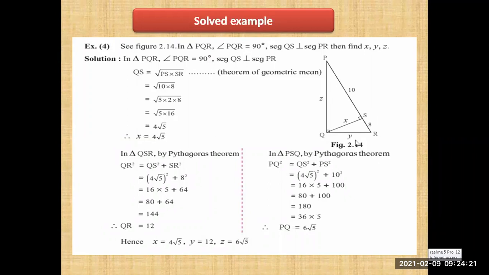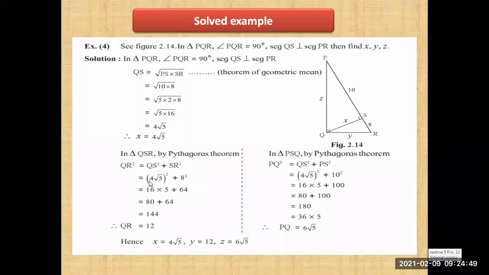Okay. So first we take the triangle QSR. In this triangle, this one is 90 degrees. So here the hypotenuse is QR. Then apply the Pythagoras theorem in this triangle. So QR square is equal to QS square plus SR square. Put the values. QS is equal to 4 root 5 and SR is equal to 8.